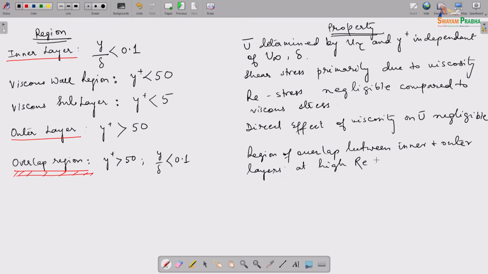Then again we have, of course, the log law region, where y plus is greater than 30 and y by delta, or did I say 0.1 in the last slide?